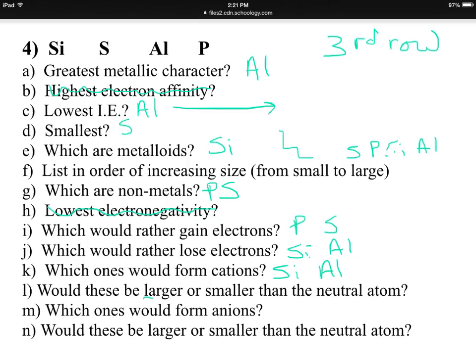Well, larger, that would be the cations. Whoops, sorry, that is going to be phosphorus and sulfur. And which would be smaller? Silicon and aluminum. Which ones would form anions? Sulfur and phosphorus. And would these be larger or smaller than the neutral atom? These would be larger. I think I read that question wrong up here.